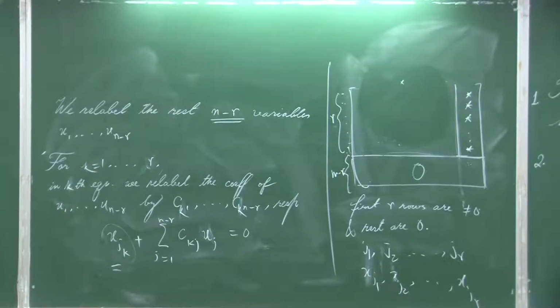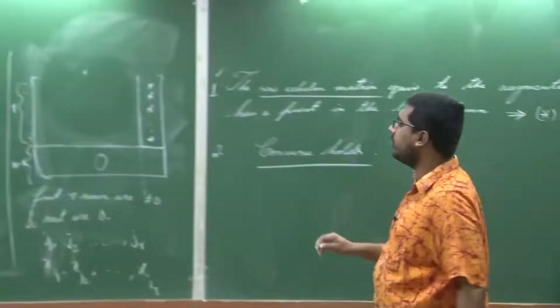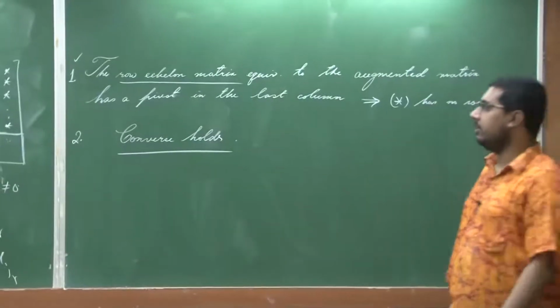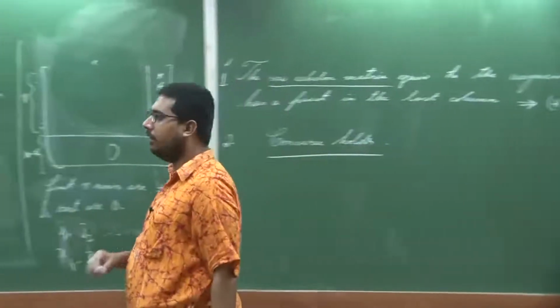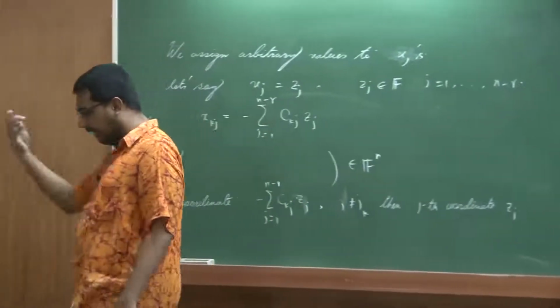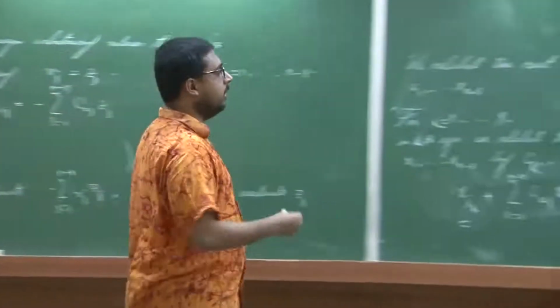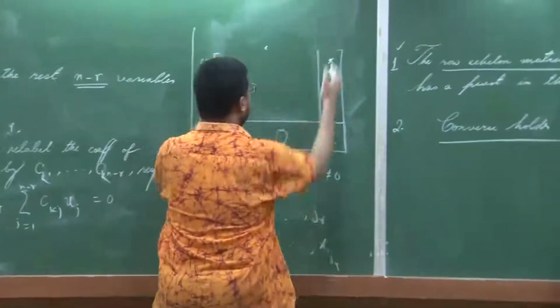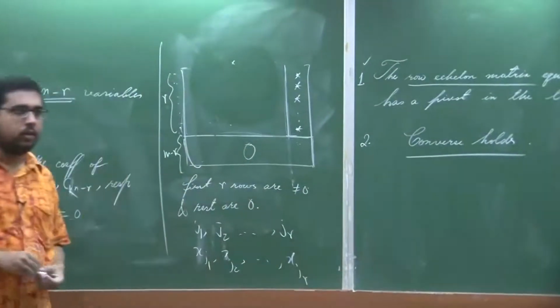Therefore, the original system cannot have a solution. That is the first thing that we have observed. The second thing is, if it does not have any pivot in the last column, it has to be of this form. Okay.